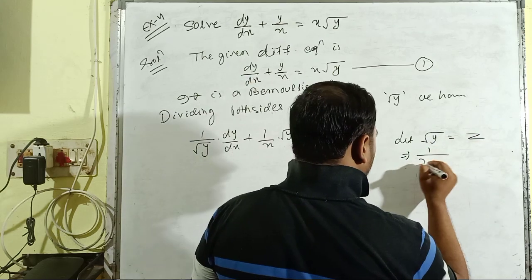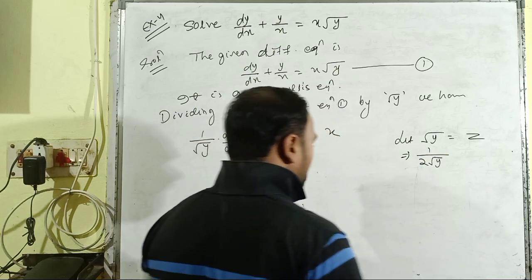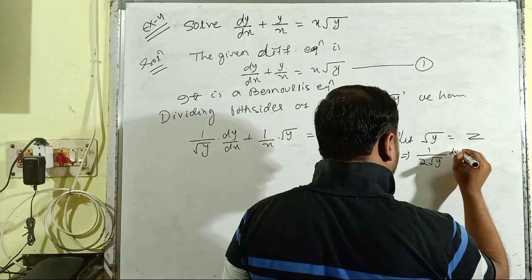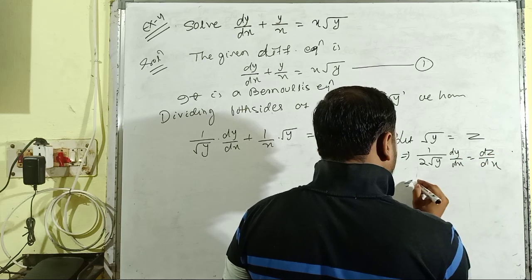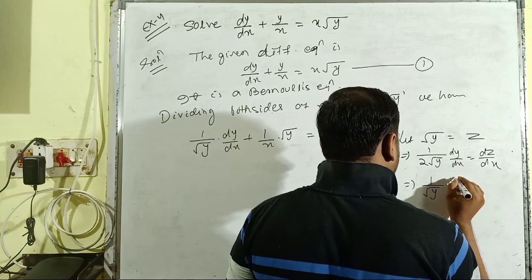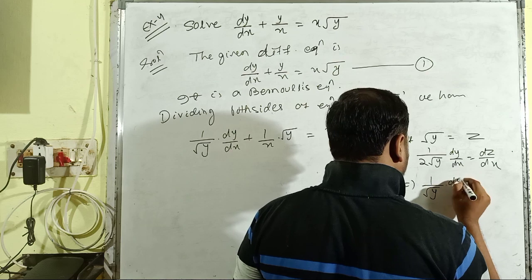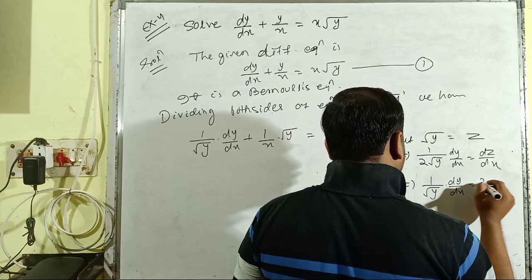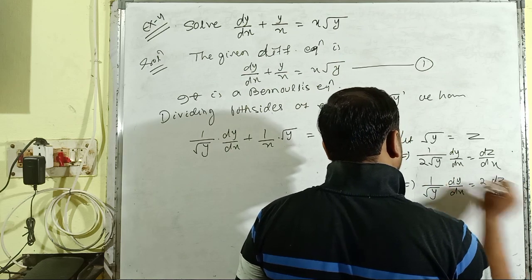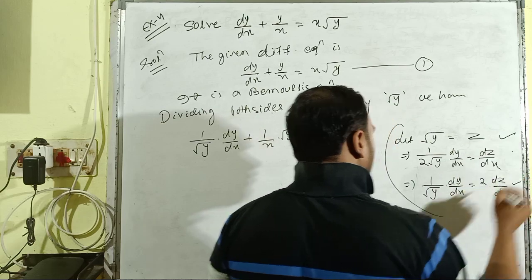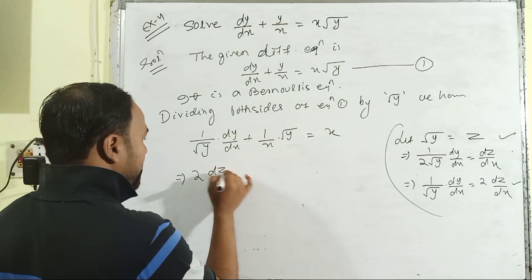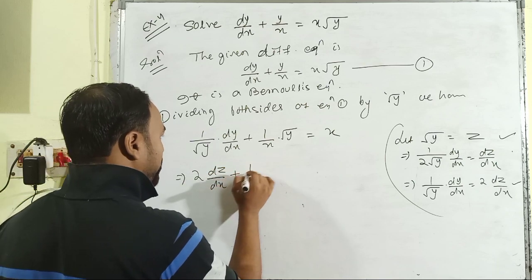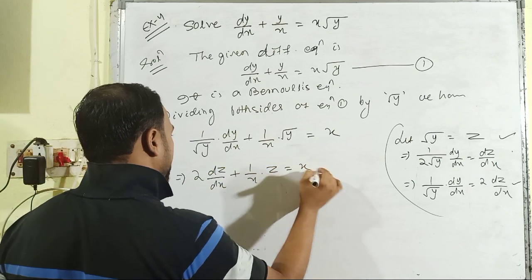Then 1 upon 2 multiplied with the square root of y dy upon dx is equal to dz upon dx. Then 1 upon square root of y multiplied with dy upon dx is 2 dz upon dx. And we have to substitute these two lines here. Then substituting, we can have 2 dz upon dx plus 1 upon x multiplied with z is equal to x.